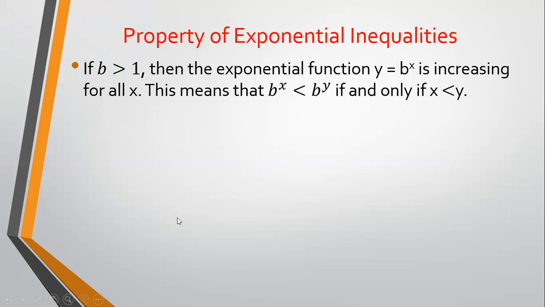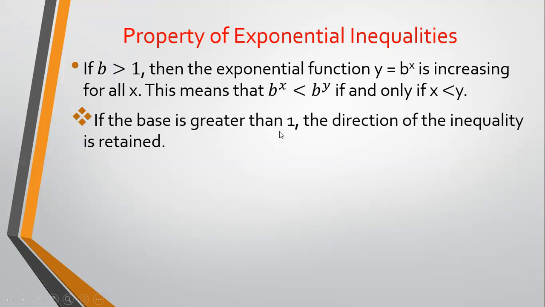The second property: if the base is greater than 1, the direction of the inequality is retained. So in the case of b greater than 1, you need to make sure that the base is greater than 1, and if that is the case, there is no need for you to change the inequality symbol.